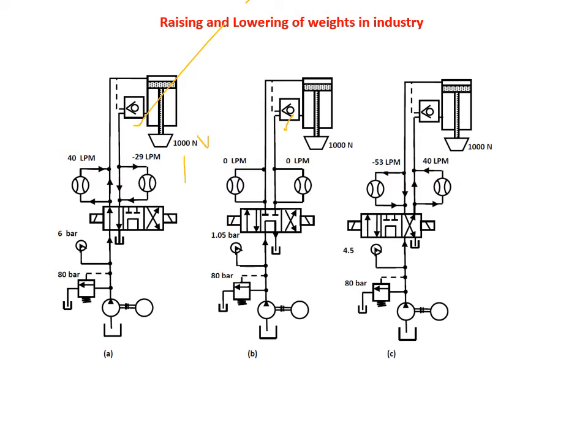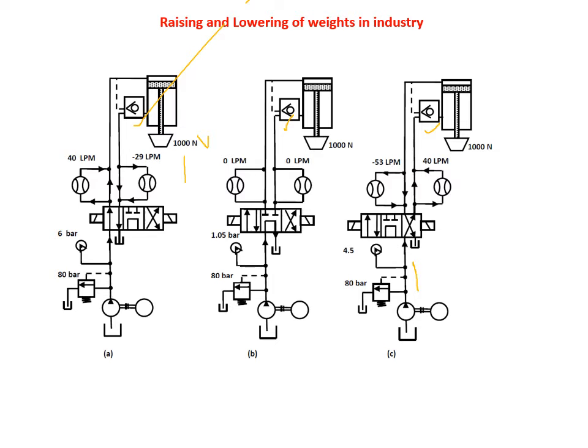Now looking at diagram C, what you observe is raising the load. From this pump, the high pressure fluid will go through this line to the rod end side of the actuator. This valve is only a one directional valve, so it will not resist the fluid movement while the fluid goes to the rod end side of the actuator, and it will try to lift the load.